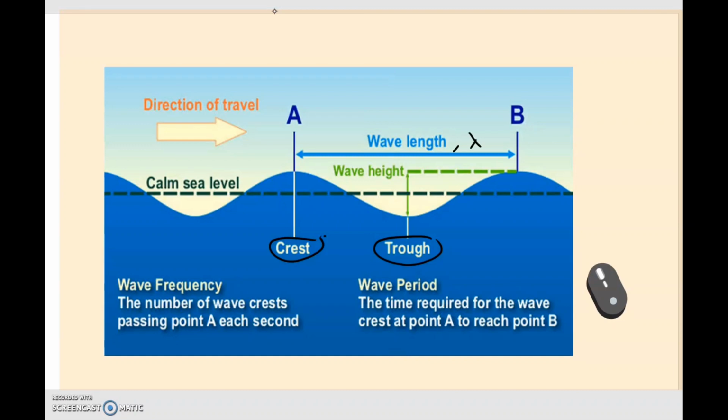And the time required for the wave crest at point A to reach point B we call the period, where the period is the time required for a wave crest at point A to reach point B.